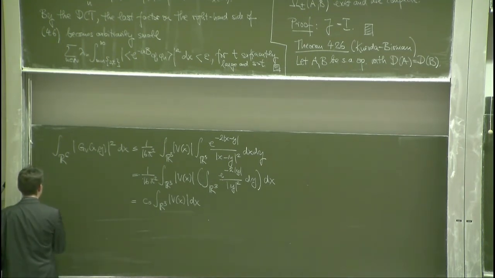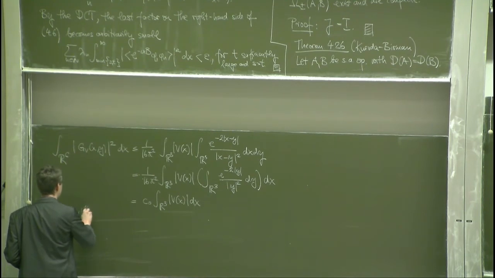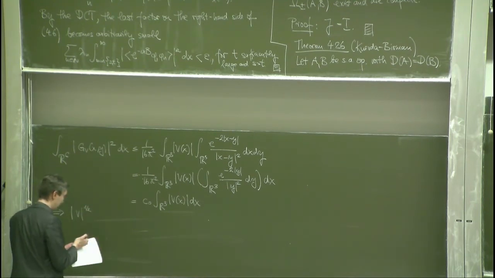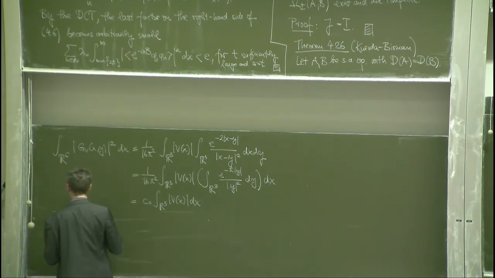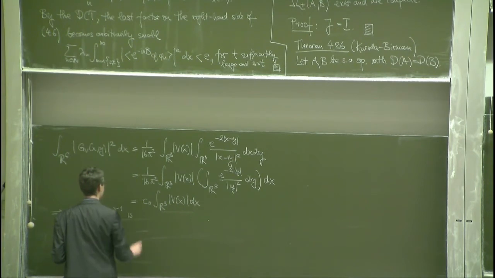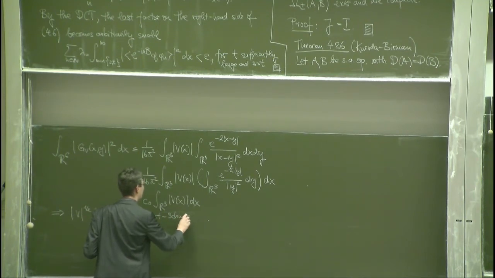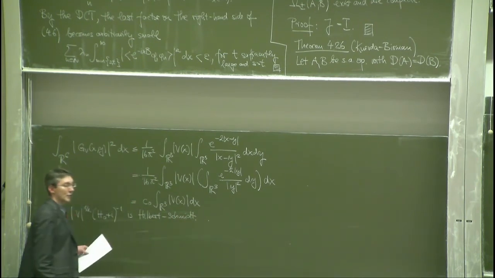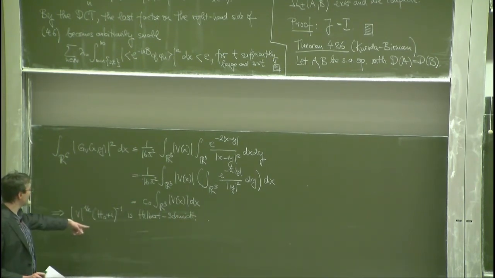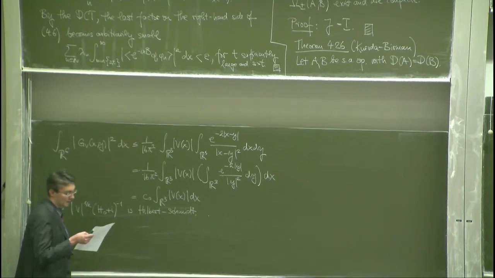We conclude that the operator absolute value of V to the power 1/2 times (H0 + I)^(-1) is Hilbert-Schmidt, because the integral kernel G_V corresponding to this operator is in L2. So we have a Hilbert-Schmidt operator here.